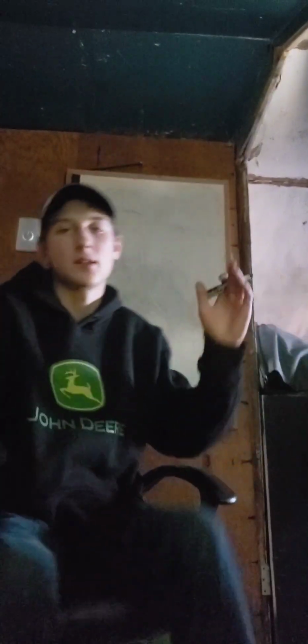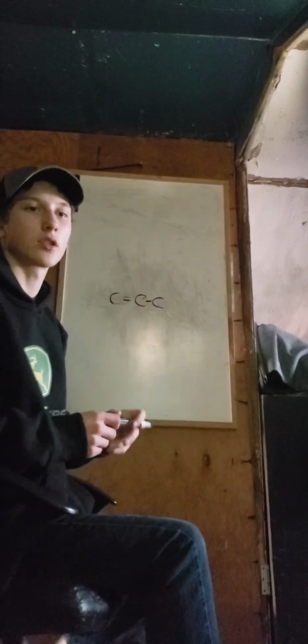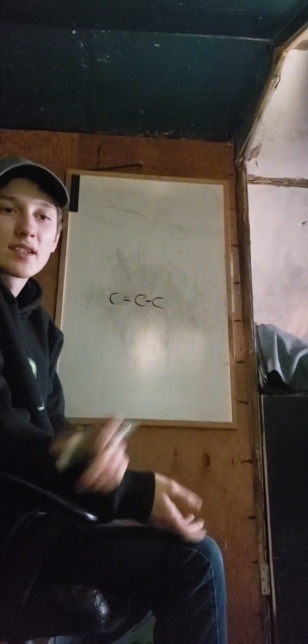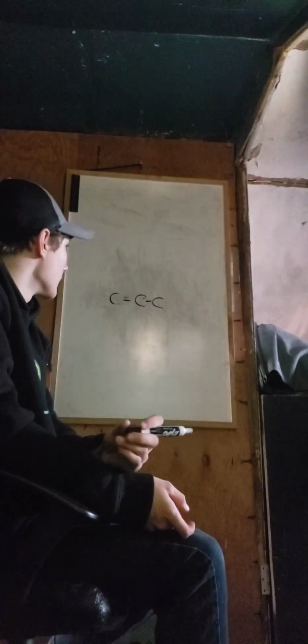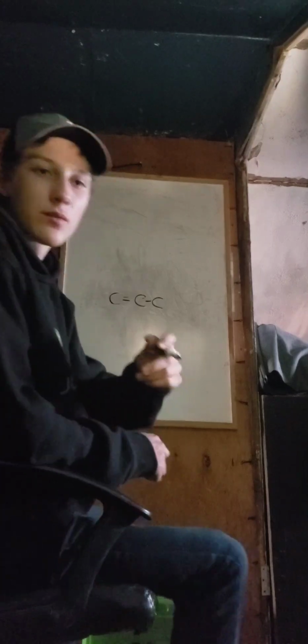Carbon, carbon, carbon. We're going to have a double bond between our first two carbons and a single bond on our next carbon. Just because it says it has a double bond doesn't mean all of them are going to be double bonded. Since propene has a double bond, it has less hydrogen, so it's actually C3H6.